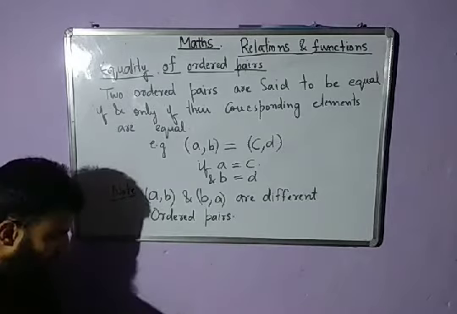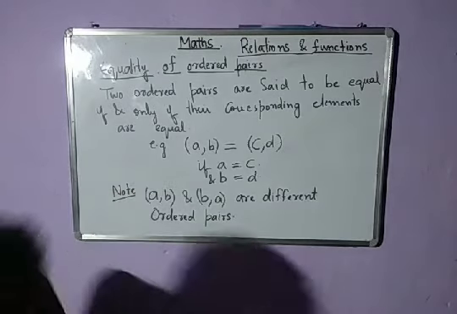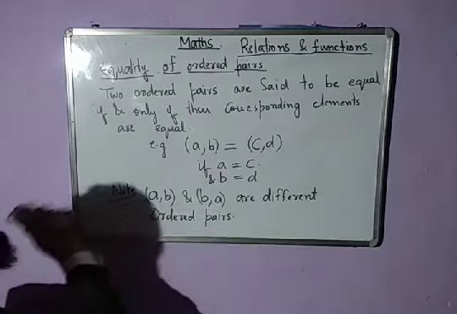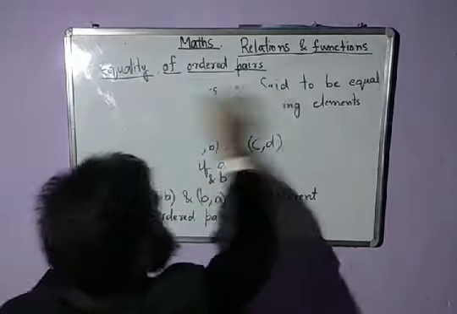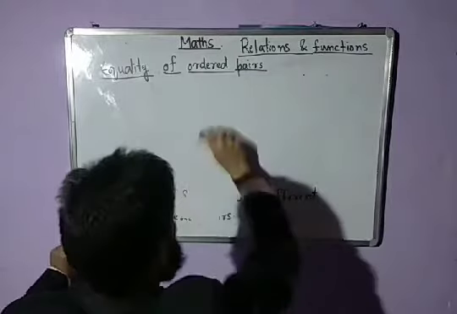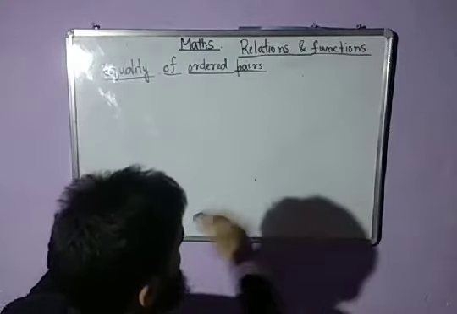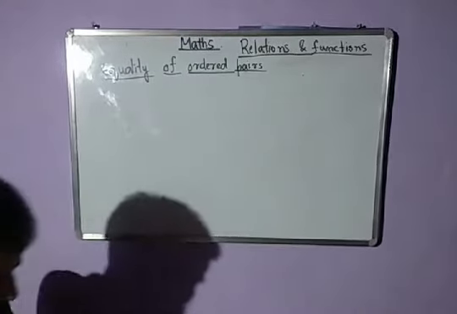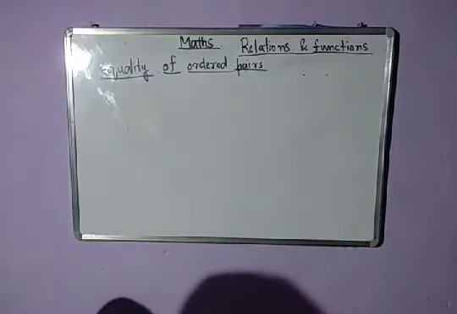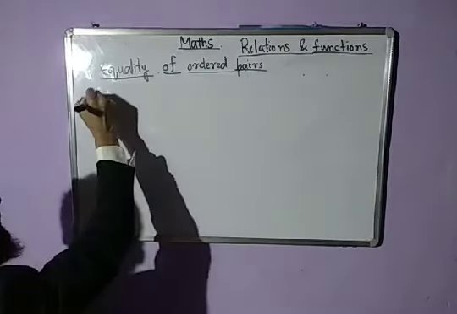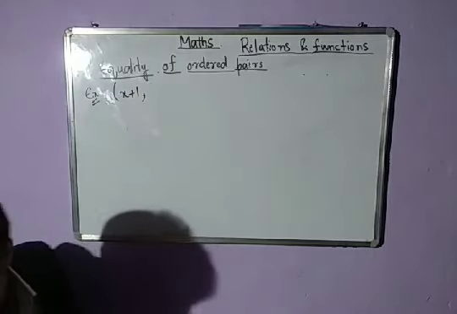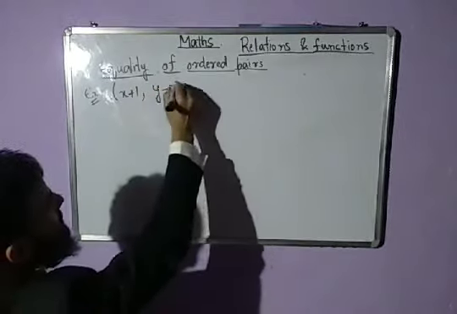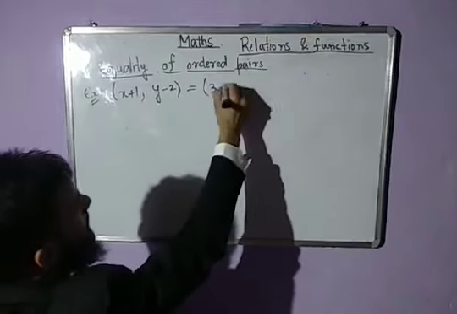Okay, let's see an example. The example is (x + 1, y - 2) = (3, 1).